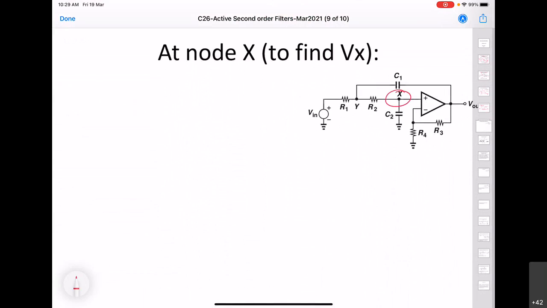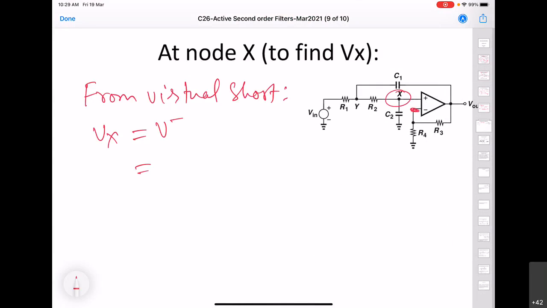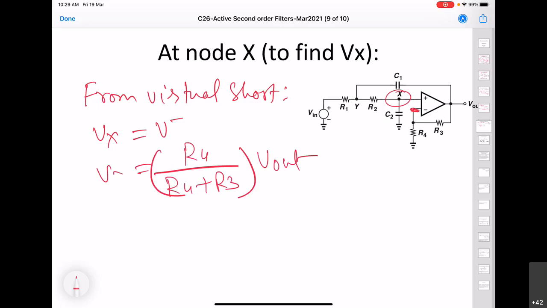So now, from virtual short, the Vx voltage is going to be equal to this V minus voltage, and this V minus voltage is now going to be R4 divided by R4 plus R3 into V out.